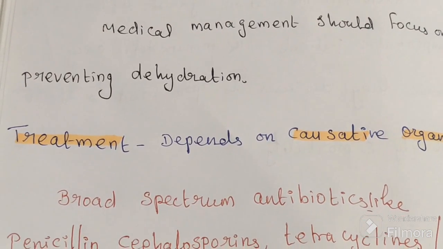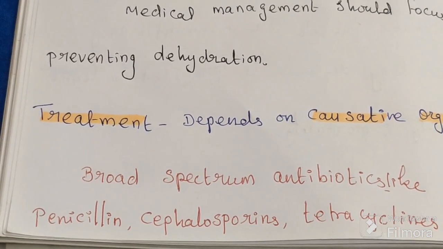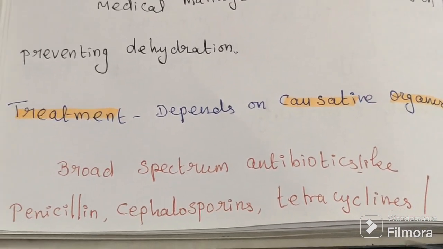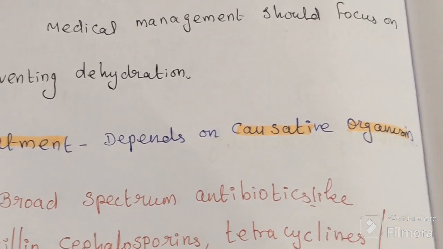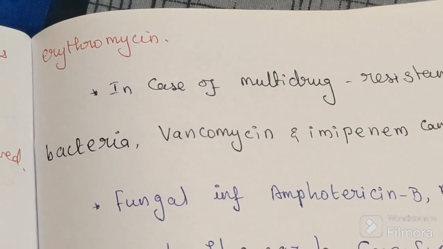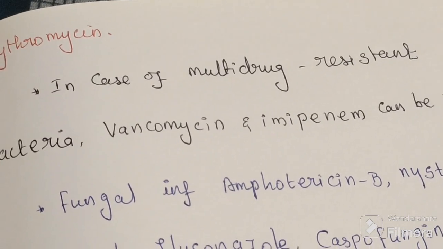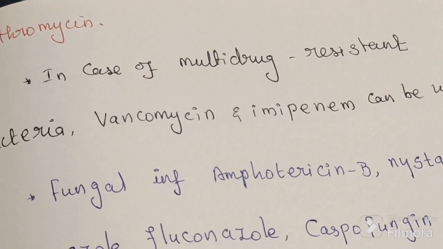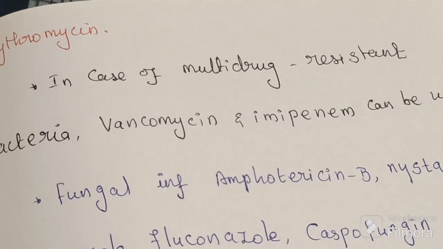When the isolated organism is bacteria, treatment begins with a broad spectrum antibiotic like penicillin, cephalosporin, tetracycline, or erythromycin. In the case of multi-drug resistant bacteria, vancomycin and imipenem can be used.